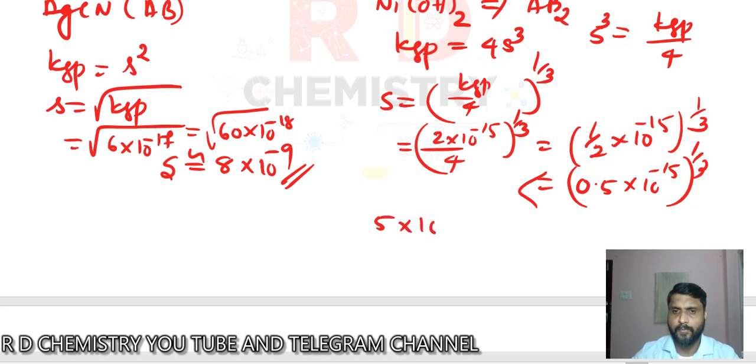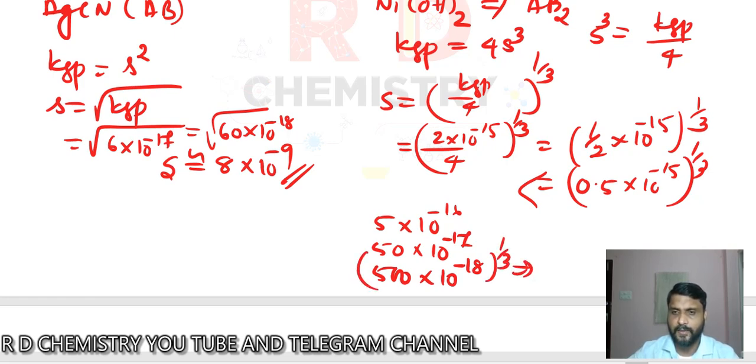So what we'll do, we'll do the sum calculation. 5 into 10 to the power minus 16, or 50 into 10 to the power minus 17. I need powers that are multiples of 3, so 500 into 10 to the power minus 18, correct? So all of these are to the power 1 by 3.